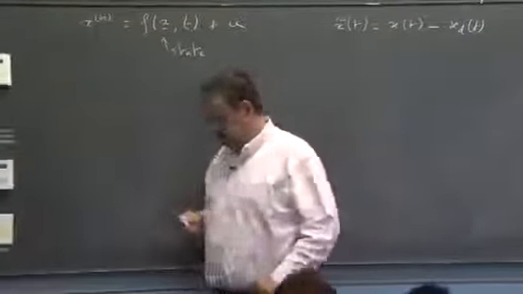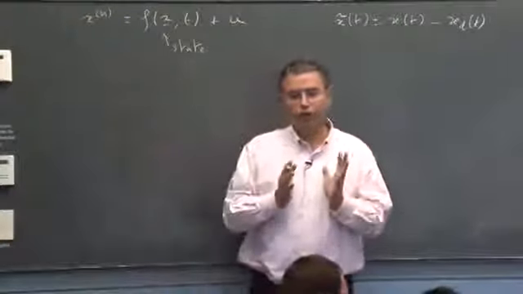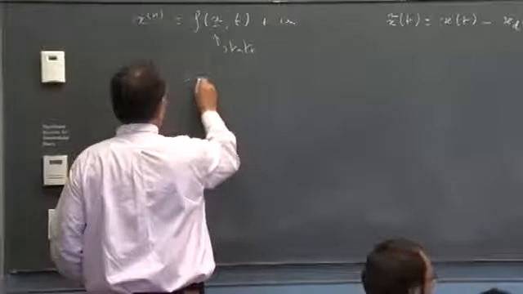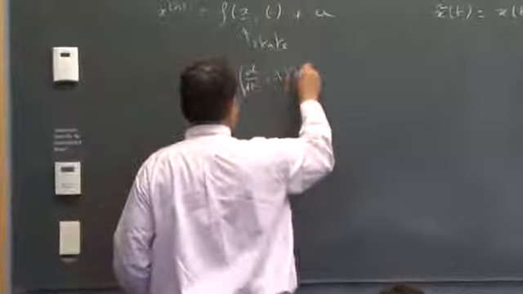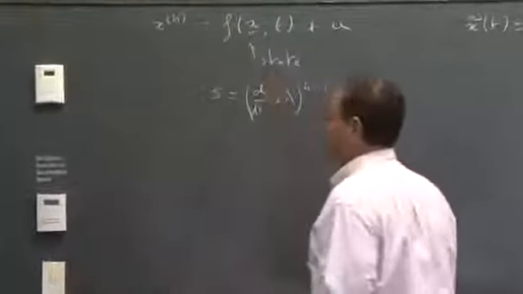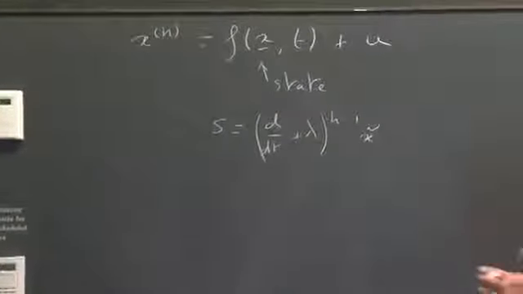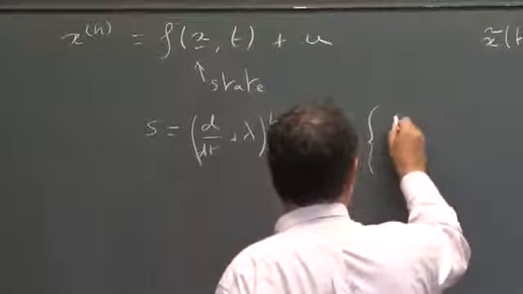We said we would first replace this original nth order problem by a first order problem. And this would be done by using an intermediate variable, which we called s, for instance, defined as such. This variable had two properties.